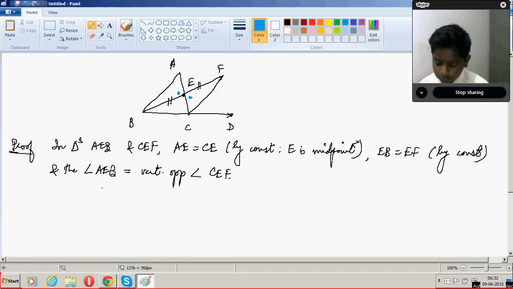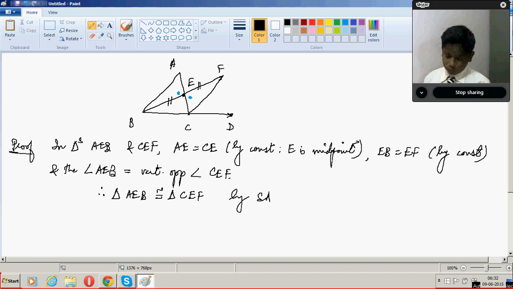Therefore, triangle AEB is congruent to triangle CEF by SAS test, which was the first congruency test we proved for two triangles.